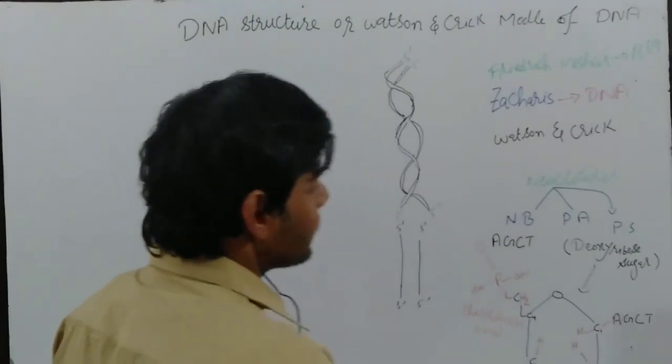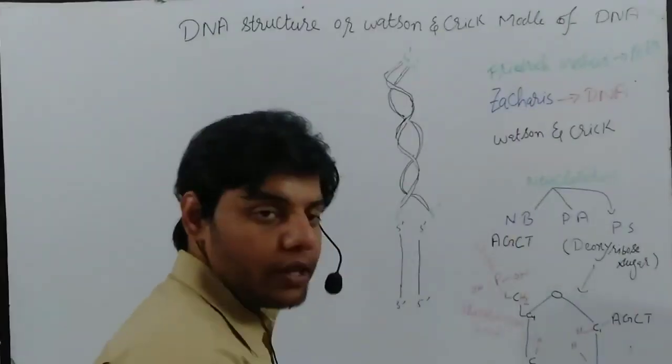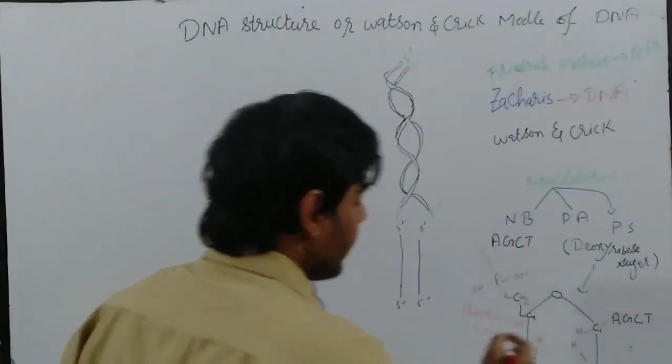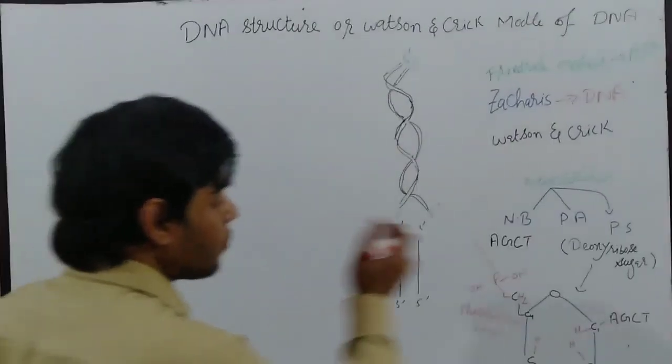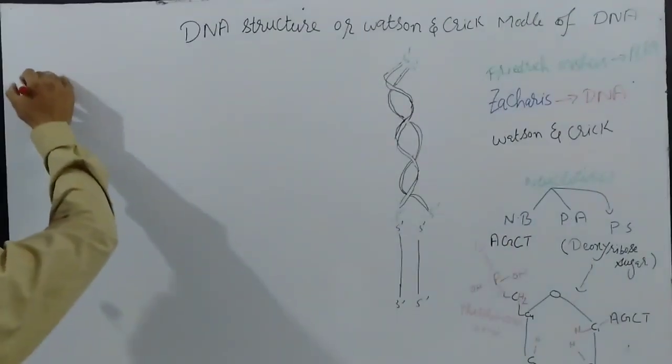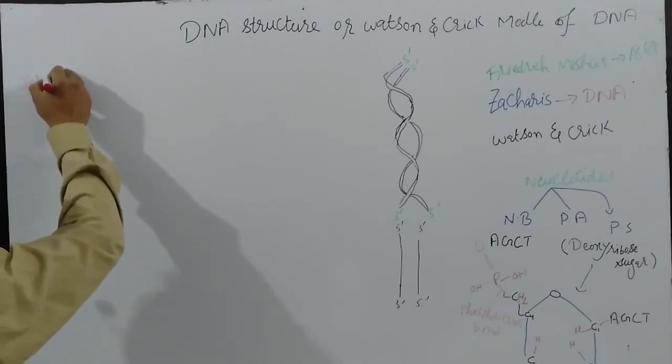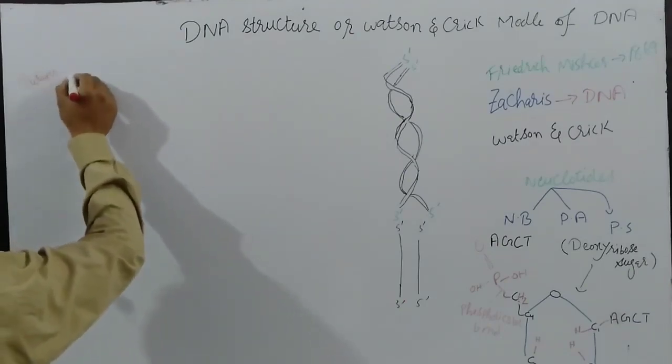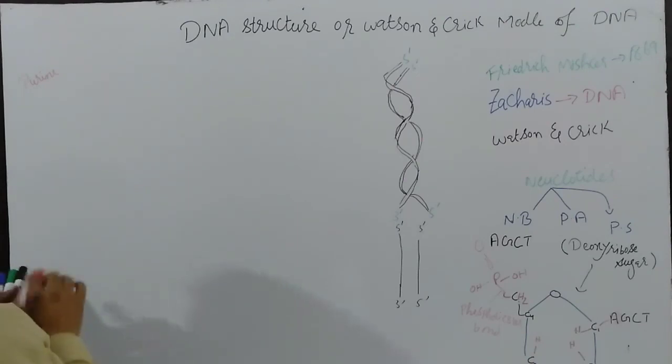In this case, they have purine as well as pyrimidine. So they have the nitrogenous bases, which we call purine and pyrimidine.